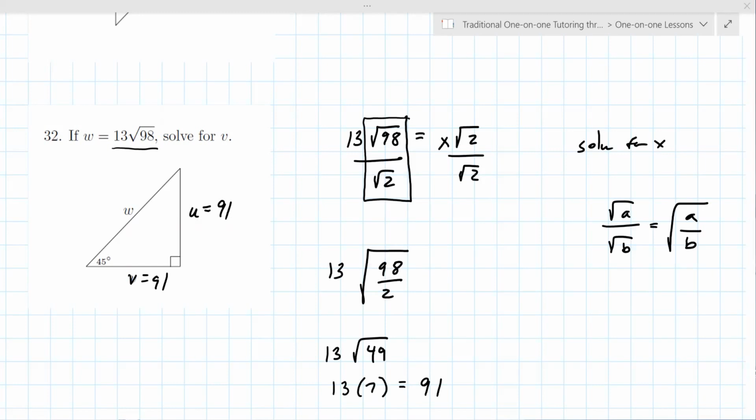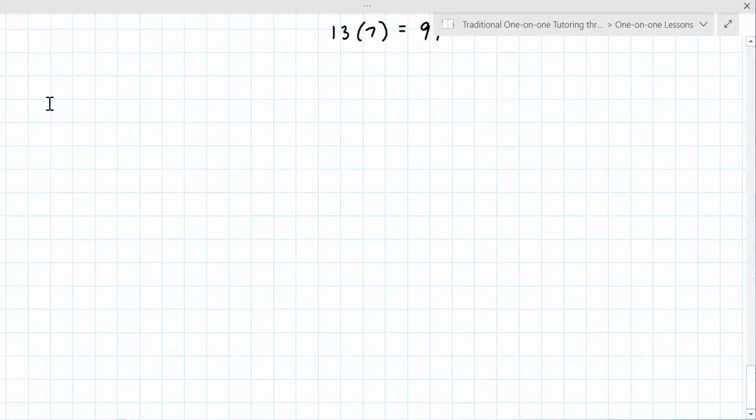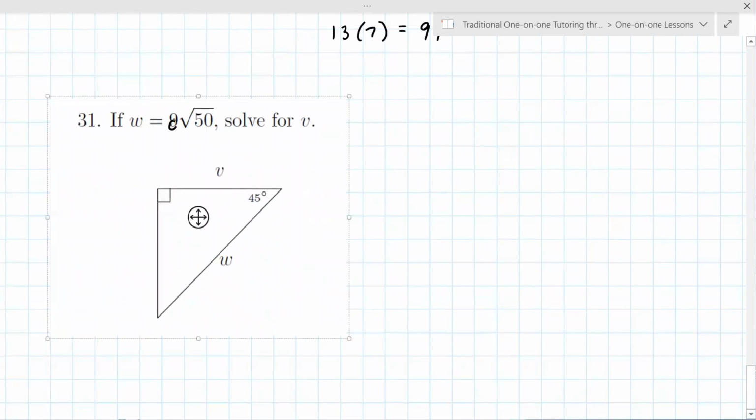Okay, let's have you try this. So I'm going to just change this one slightly because I don't want to get into this quite yet. Okay, so W this time, we're just going to make this 8 square root 50. And I want you to try this one, please.